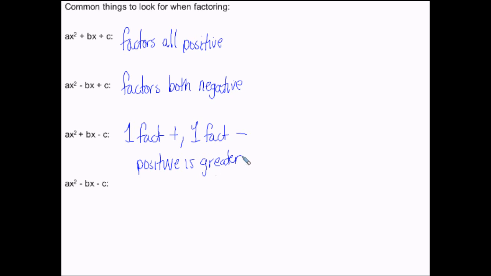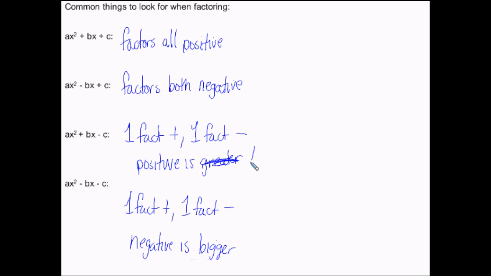And then if the last term is negative and the middle term is negative, you have one positive, one negative, and then the negative one is bigger. Well, negative is never greater than positive. Bigger, I should say bigger. Because positive is always greater.